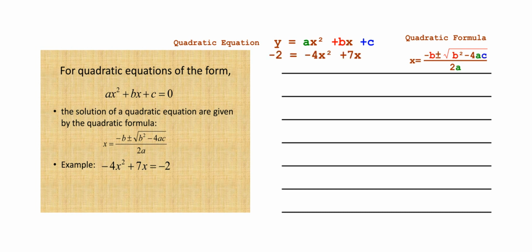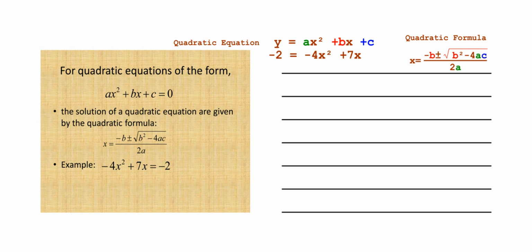Okay, and let's start by writing our formula once again, that way we can see it. So I just copied the formula down at the bottom, back here at the top. So we have negative 2 equals negative 4 times x squared plus 7x. Do realize I just flipped it over, so reversed order, but that should totally be okay, because either way I want to set it equal to 0.